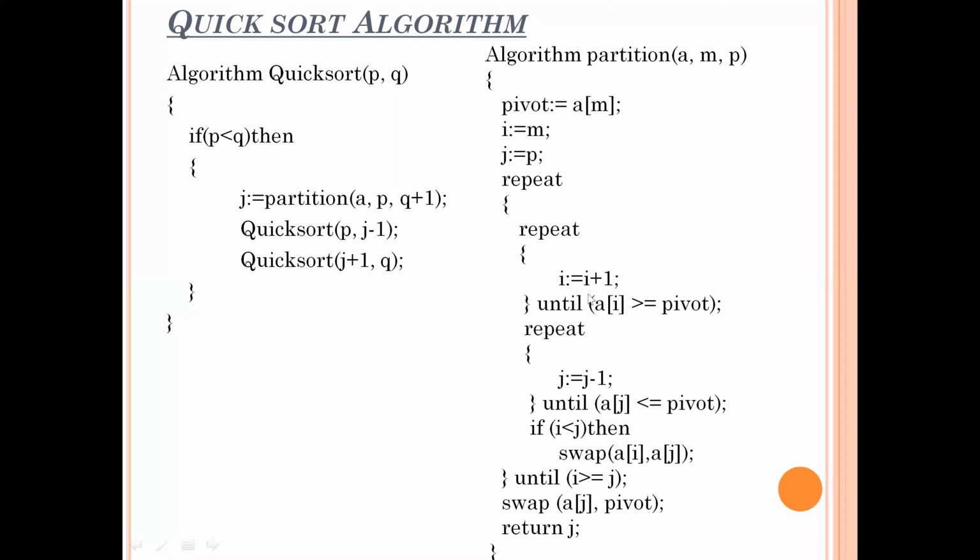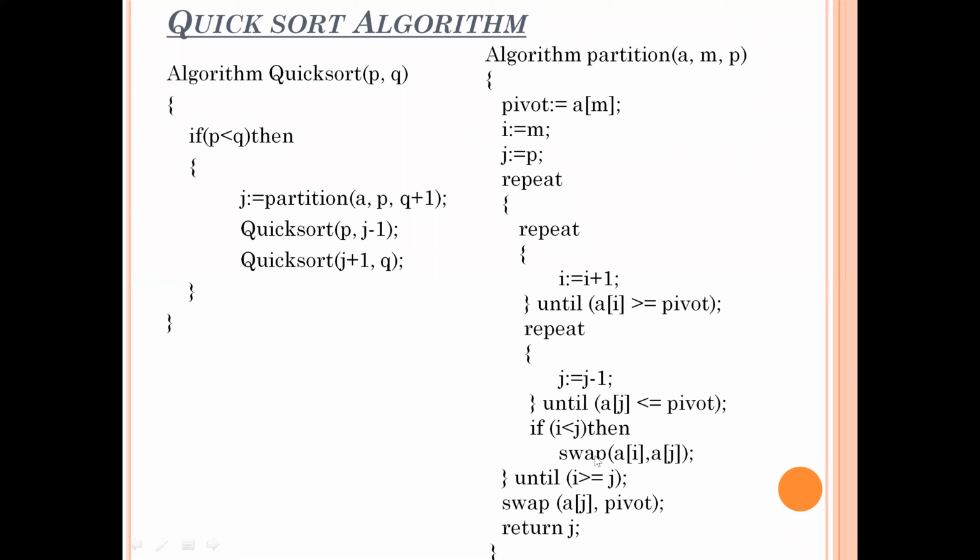So I is incremented until when? Until A of I is greater than or equal to pivot. Similarly, J is decremented until A of J is less than or equal to pivot. So now these two will stop at some position. I will stop at an element that is greater than pivot and J will stop at an element that is less than pivot. If I is less than J, then what are we doing?